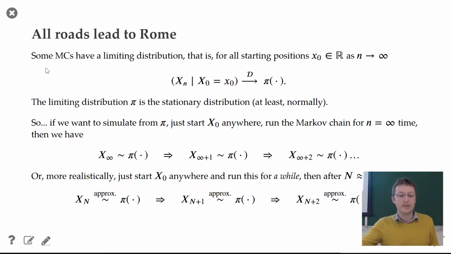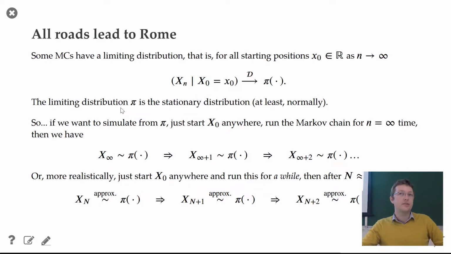If you start a Markov chain anywhere and keep going forward in time, 1, 2, 3, and so on, then the distribution of the Markov chain at time 1,000,000 or time 1,000,000,000, as you keep going to time infinity, is pi.